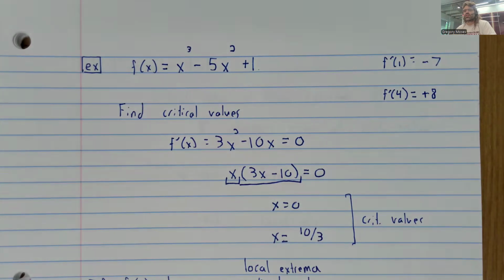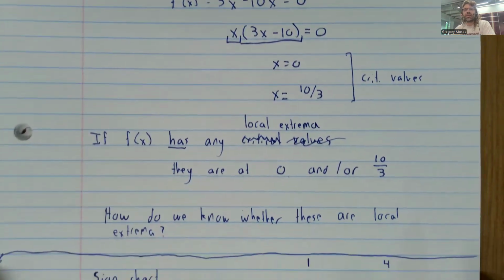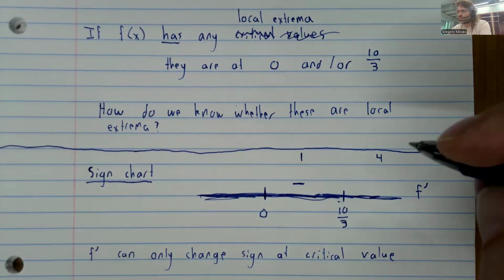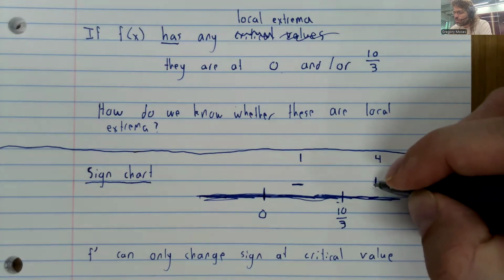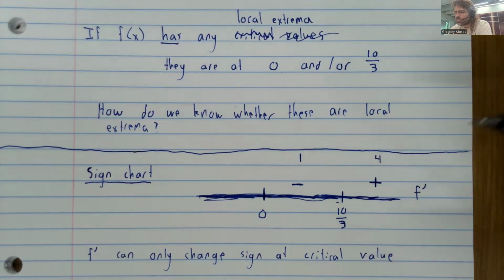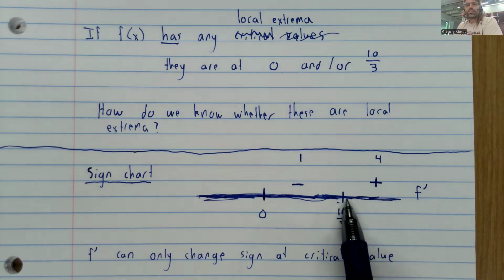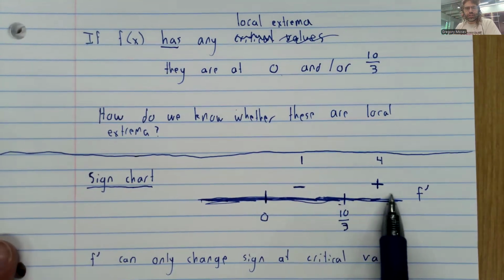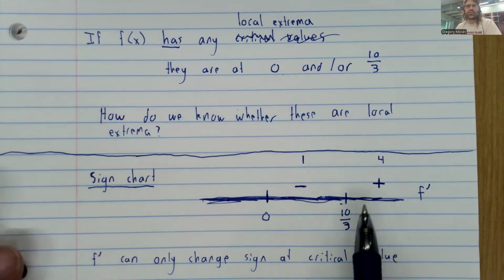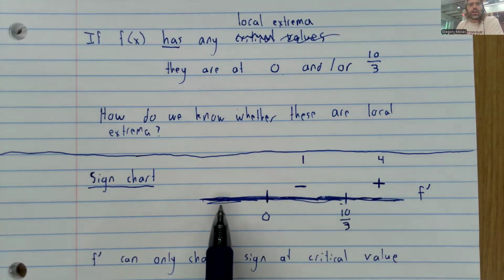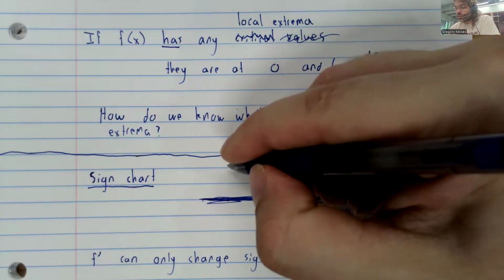This is positive 8, but the 8 doesn't matter. The positive matters. This is positive somewhere in this interval, so it's positive everywhere in this interval.